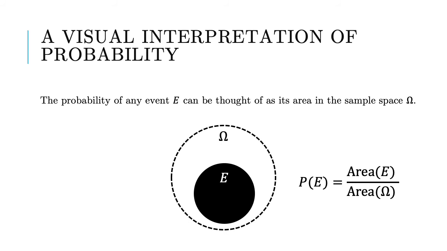And we can indeed extend that to rolls of a die or outcomes of a scientific experiment, and the analogy will continue. You can think of the probability of an event as the fraction of the sample space that its area composes.